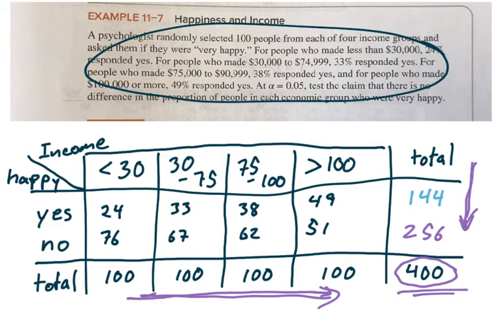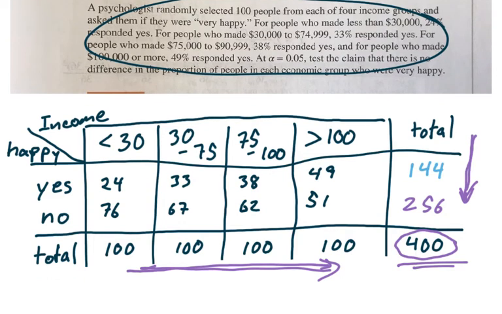All right, so to see whether these income categories have uniform or homogeneous proportions of people who are happy versus not happy, we will now compute the expected values.